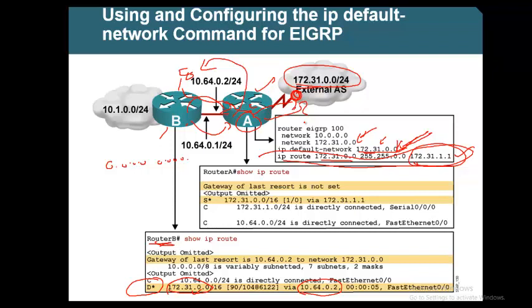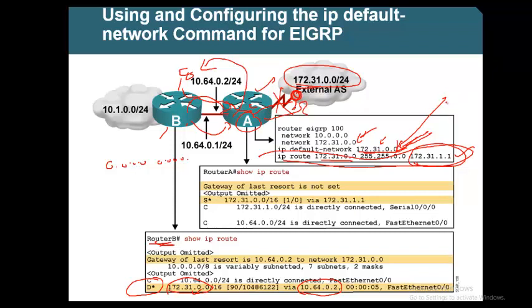So one advantage is your work is getting reduced. Secondly, if anything goes wrong in this link, this default network will fail.